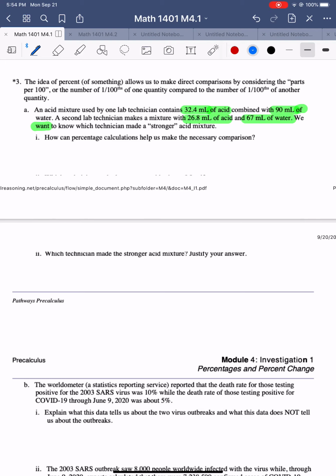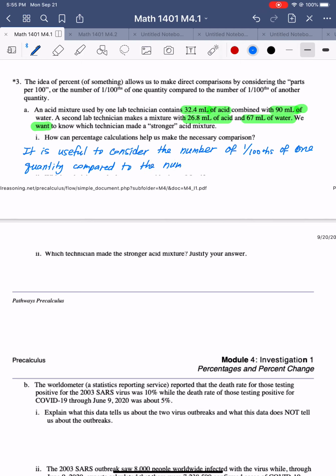the percentage calculation is useful to consider the number of 100ths of the one quantity compared to the number of 100ths of the other quantity.